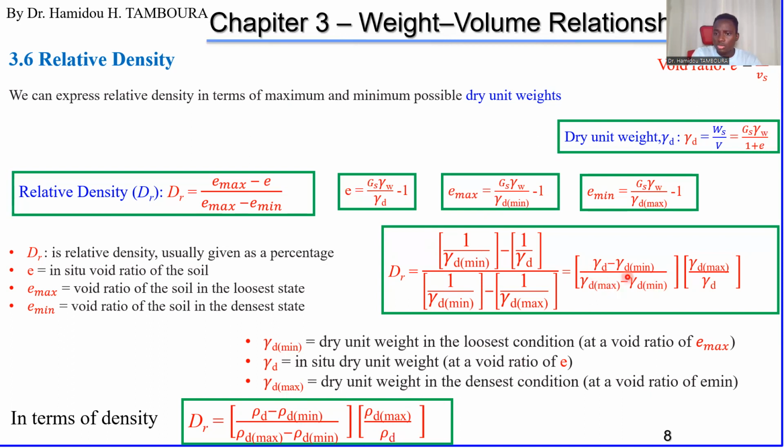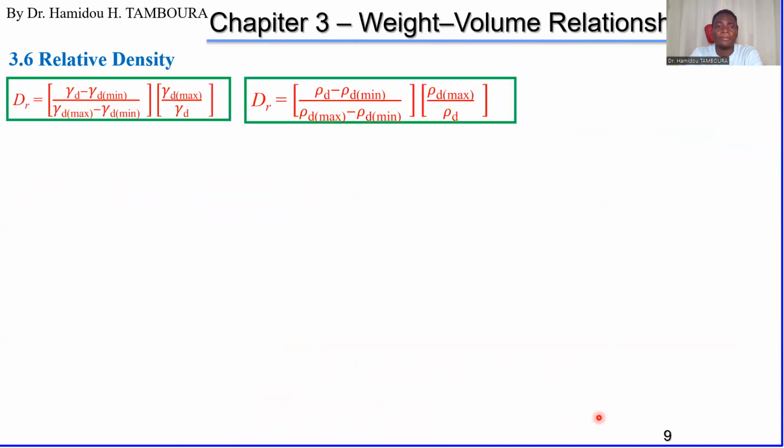So you can use unit weight or you can use density. That will depend on your situation and sometimes your choice. Some people use this one. It's easy. Okay. I will put these two formulas here: relative density using the dry unit weight, and relative density using dry density.